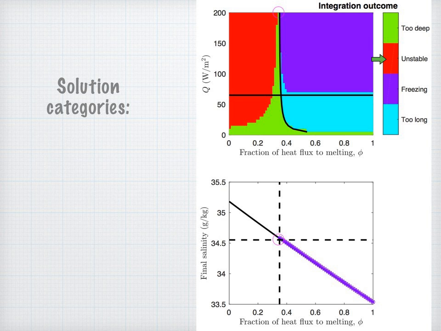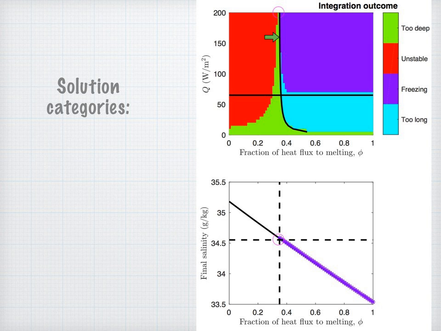As you cool it colder and colder, it reaches a point where it becomes statically unstable and would overturn. We stop the calculation before that happens, but in principle, the polar water would then convect into the Atlantic layer beneath. That doesn't happen in the Eurasian Basin. Maybe it happens in the Greenland Sea, where there's a little bit less ice to melt, so the fraction of heat going to melt ice would be lower.